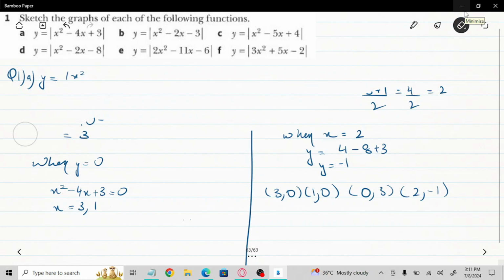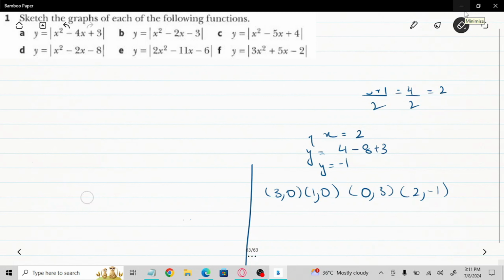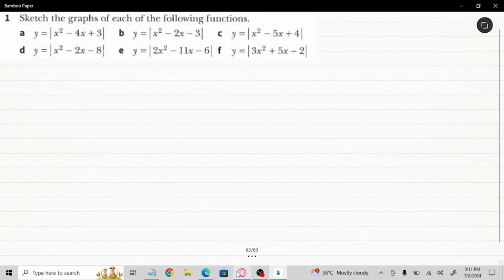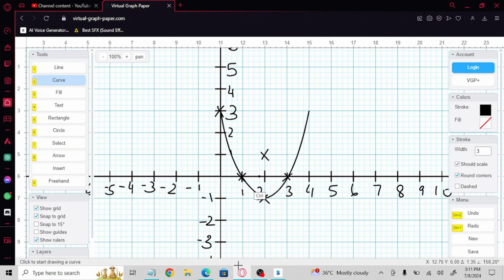We are now going to proceed to part B. I'm going to do this very quickly. Let me first erase this point, and let me clear this up a little bit.